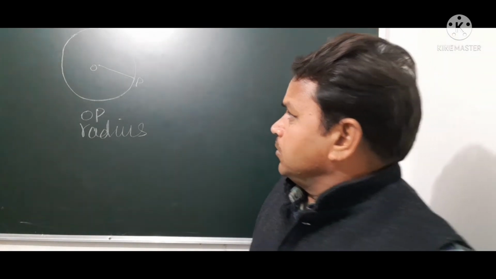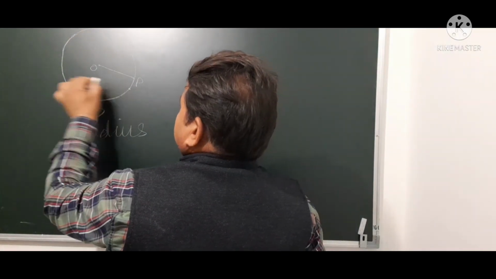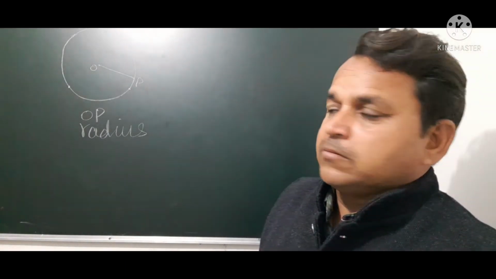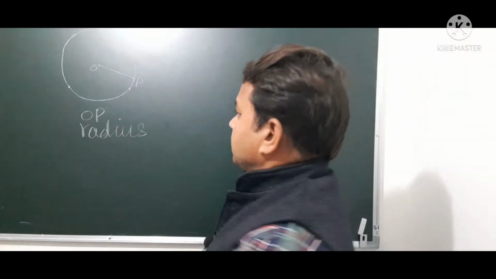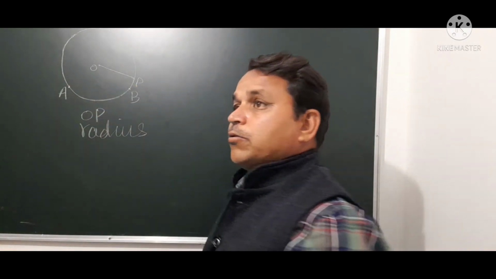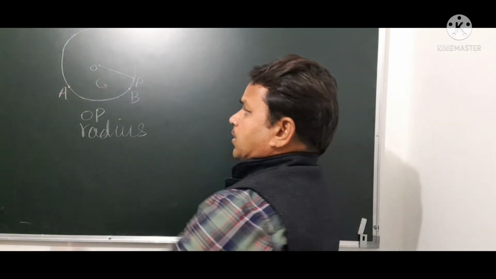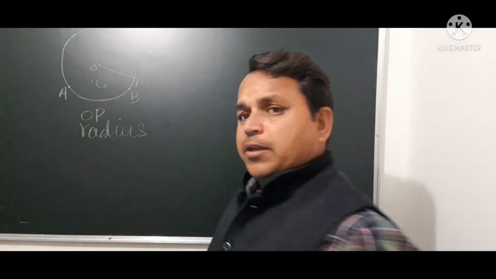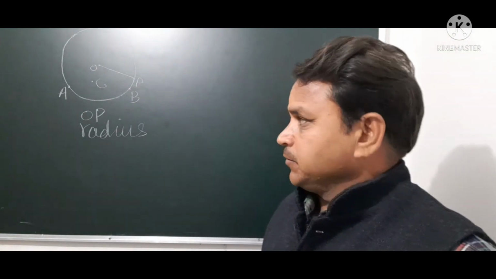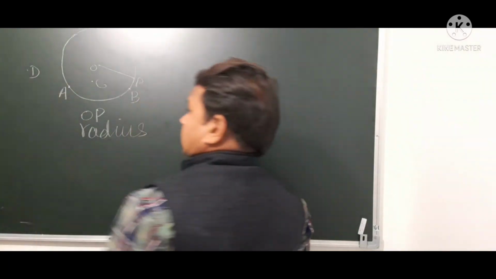Now what about a line segment joining any 2 points on the circle? Because these 2 points A and B are located on the circle. This is not on the circle. This point is in the interior of the circle, or we can say it is in the circular region. This point is outside the circle.